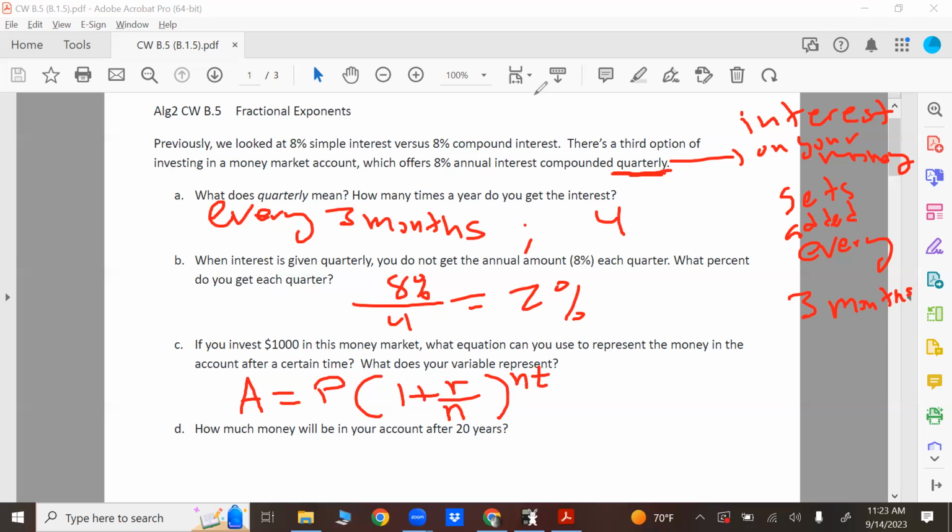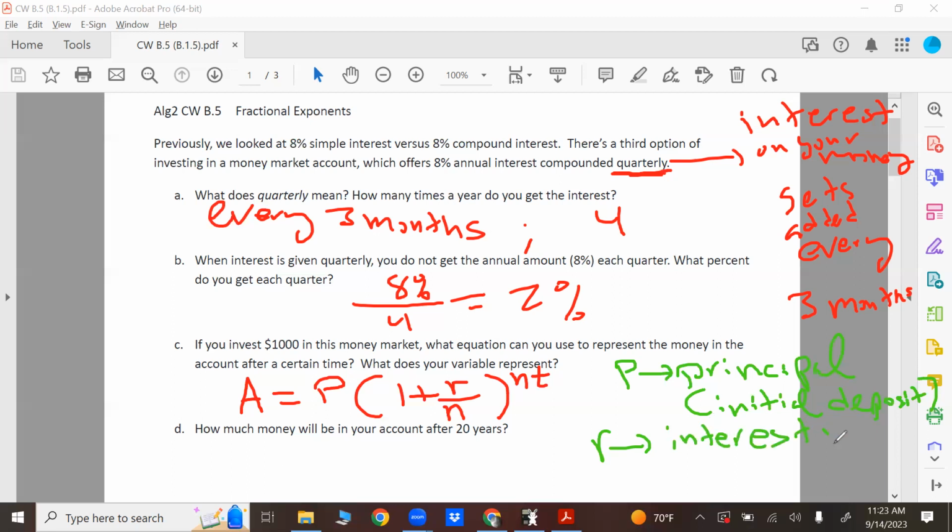Anyone know what the P stands for? Percent? Not quite. Principal, good. Principal is the initial amount, the initial deposit. What do you think R represents? Yeah, it's the interest rate, expressed as a decimal.